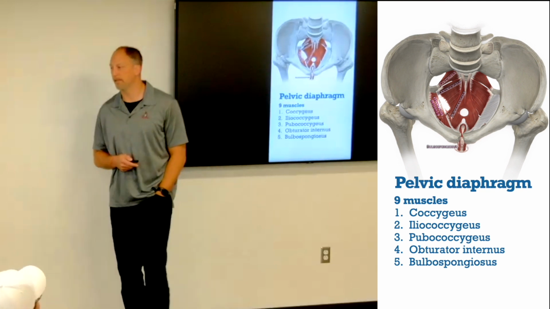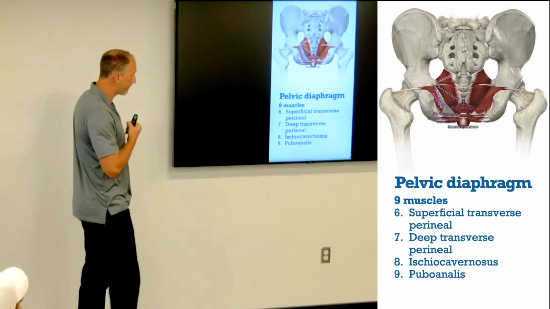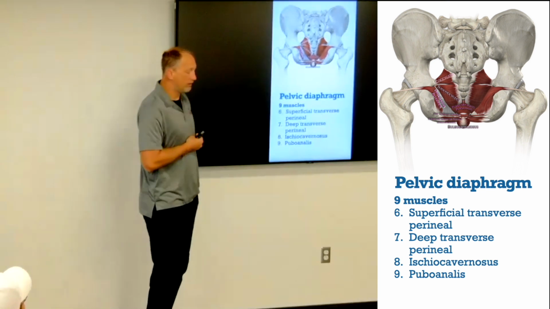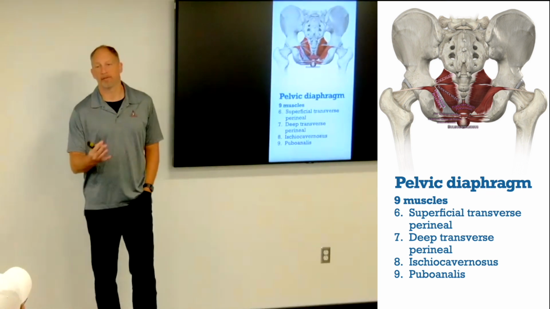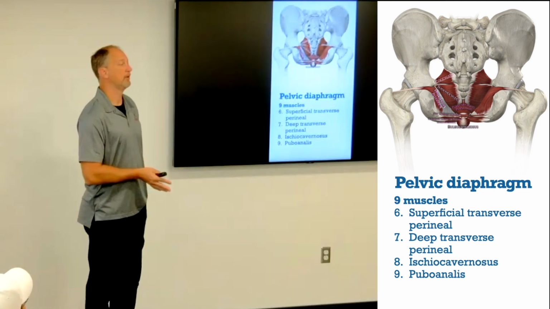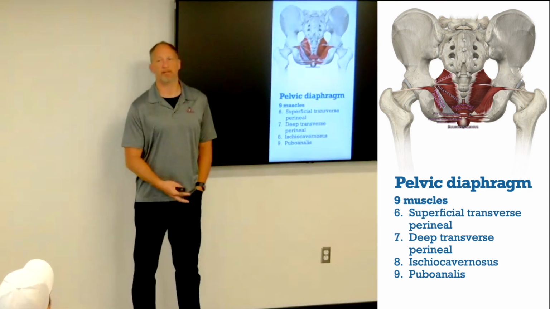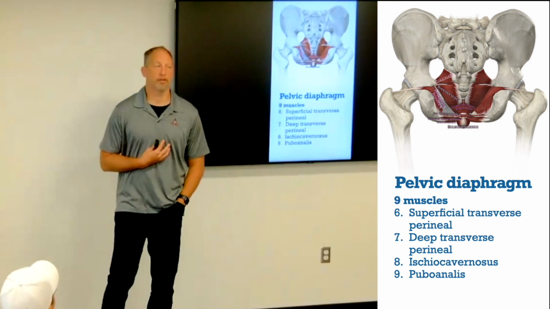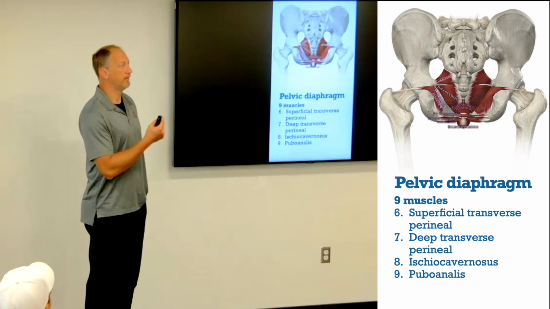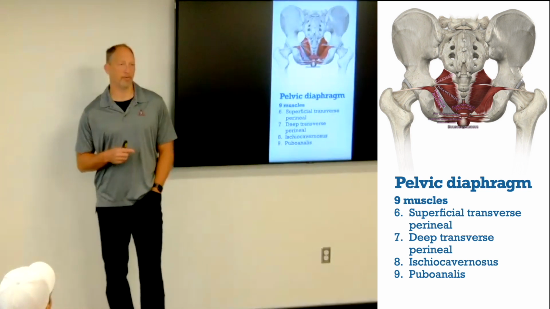Again, I think this is an area that we throw out the term, it's a pelvic floor issue, and we just kind of write it off. It is what it is. Because of the tie-in with the deep front line, if you have a pelvic floor issue, it could be tied into the foot problems that person's having.